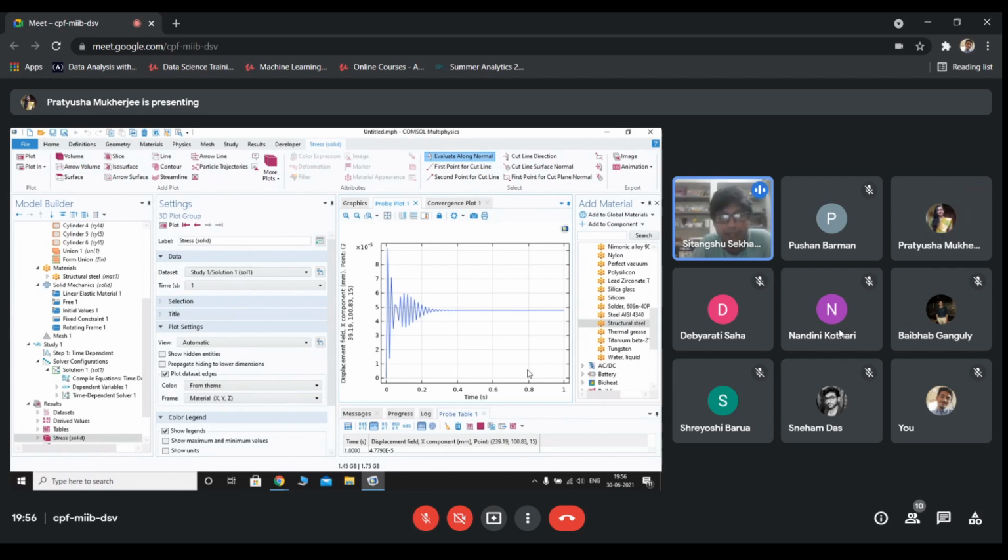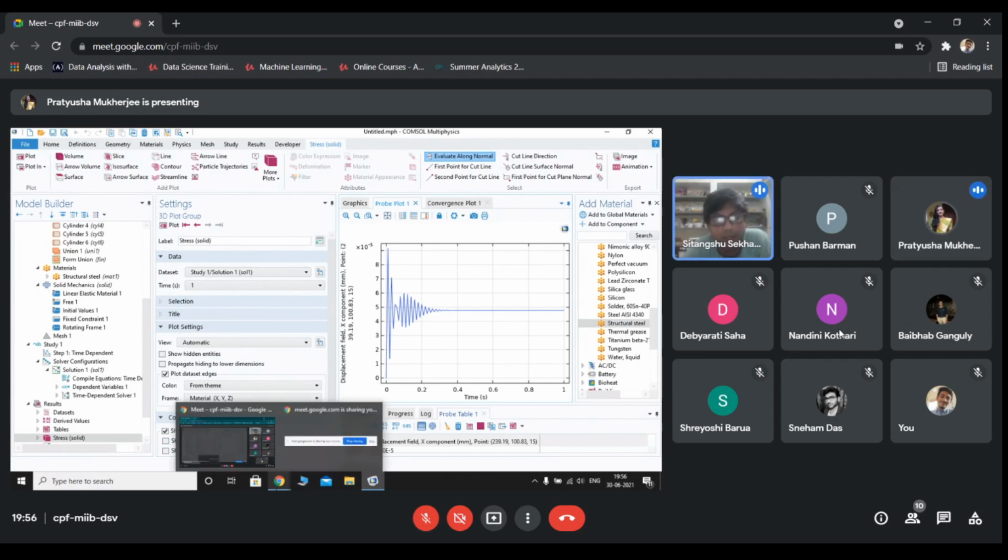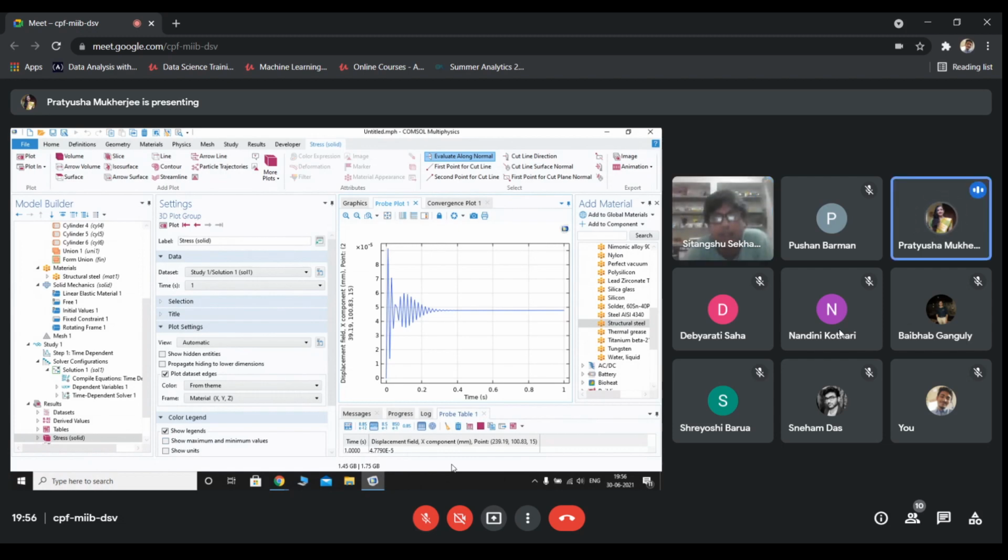So from there, if you recall the expression, the left hand side was y, and the right hand side there was the eccentricity, omega, m.